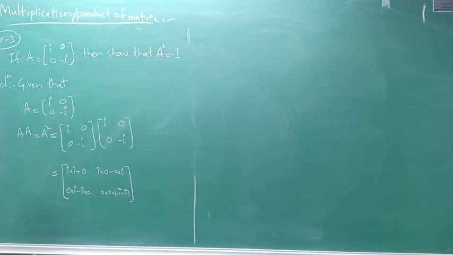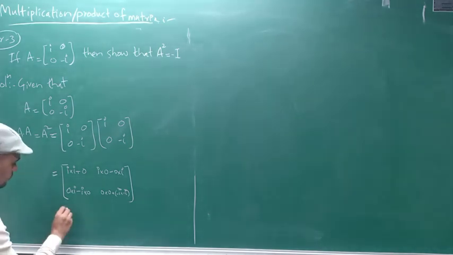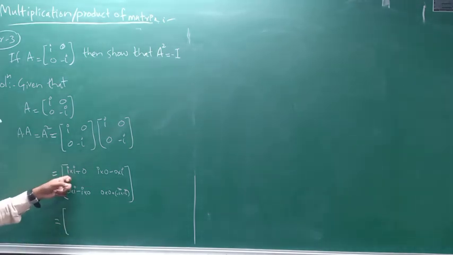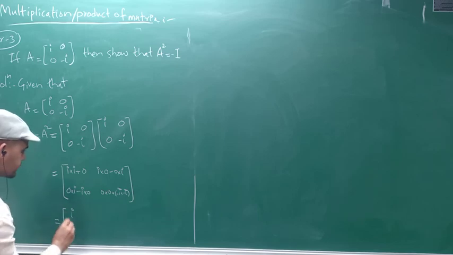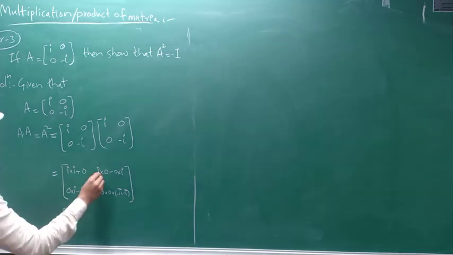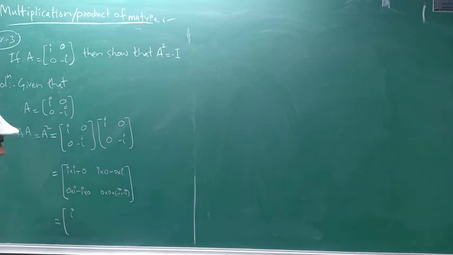Now this is i square, this is 0, this is 0, and this is i square.